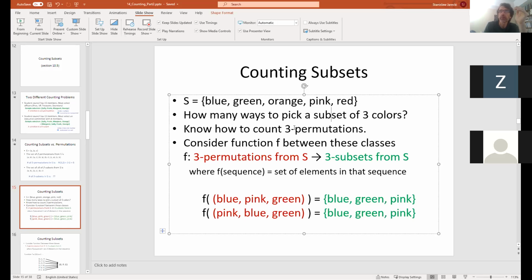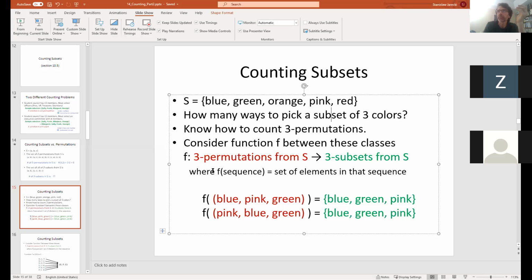This was n factorial divided by n minus 3 factorial. Now let's consider the following function that will map the 3-permutations, which is what I know how to count, to 3-subsets, which is what I want to count.